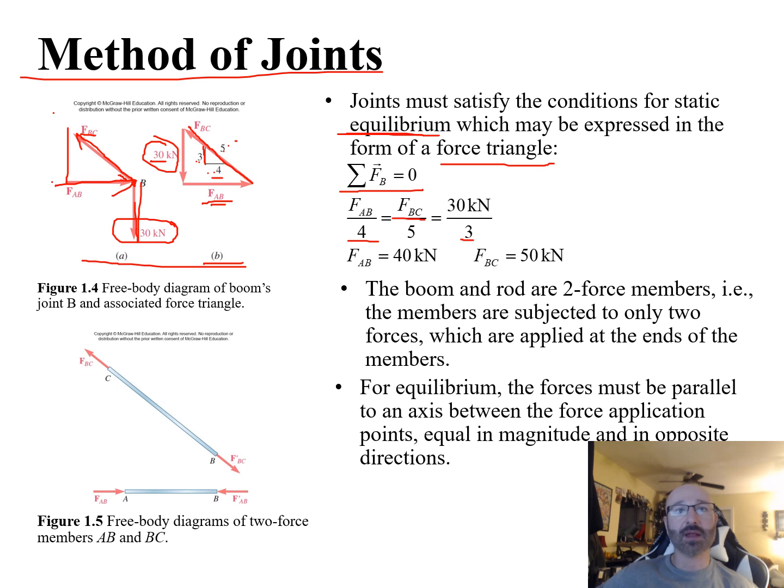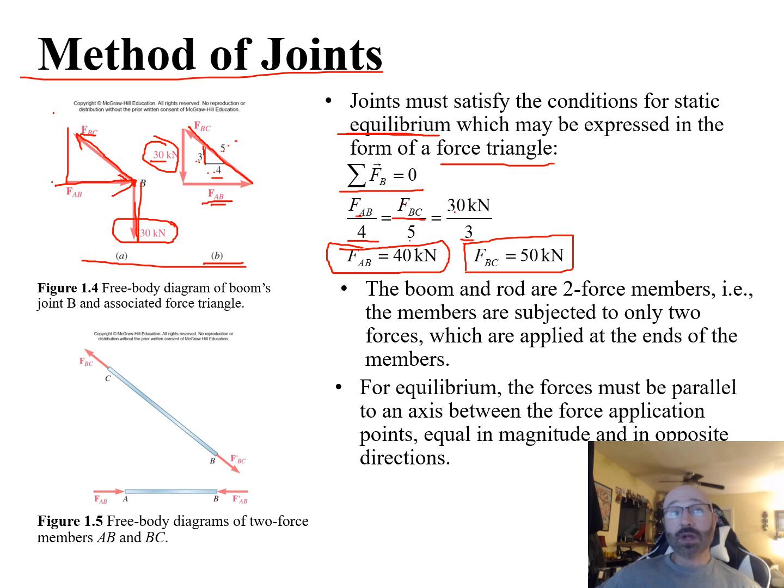F sub BC times 3 is equal to 5 times 30 kilonewtons. 5 times 30 gives us 150. Divide by the 3 on this side, 150 divided by 3, so F sub BC is equal to 50 kilonewtons. That's how we get that, by just cross multiplying. We can do the same thing with F sub AB, and we find F sub AB is equal to 40 kilonewtons.